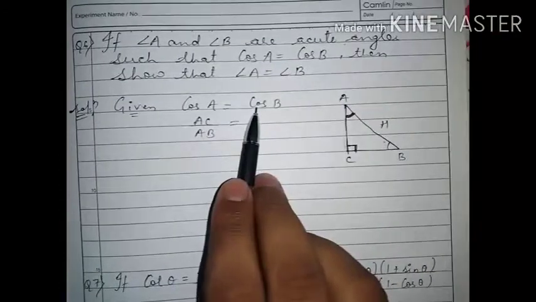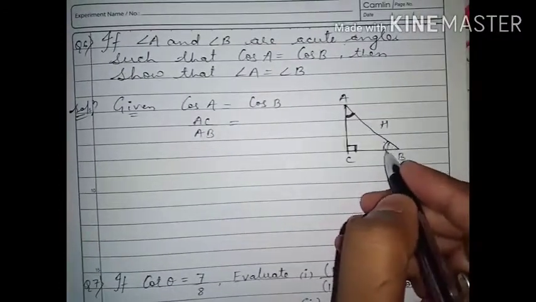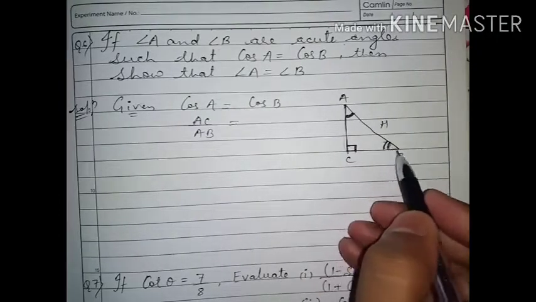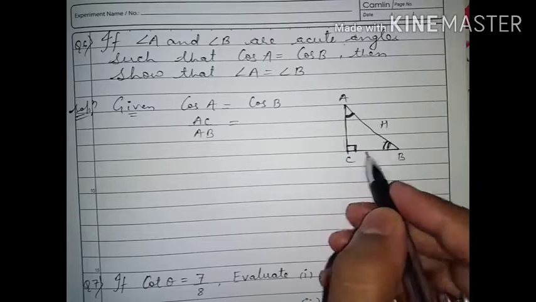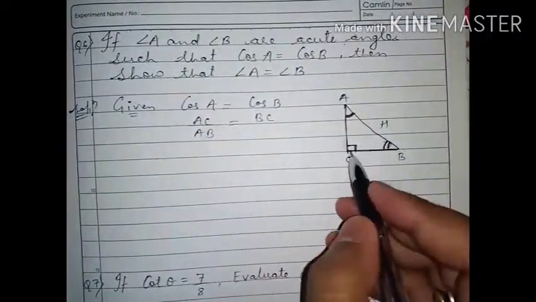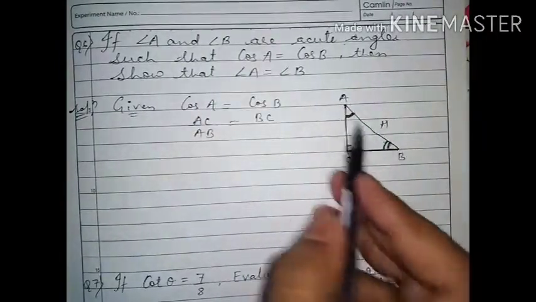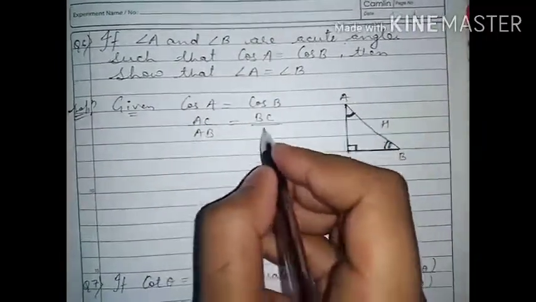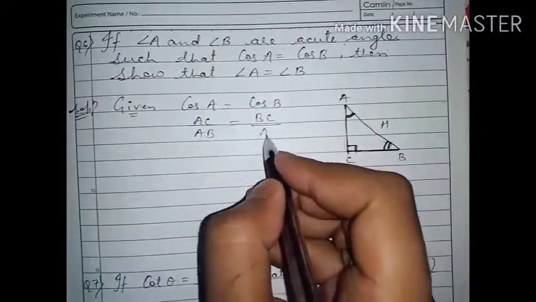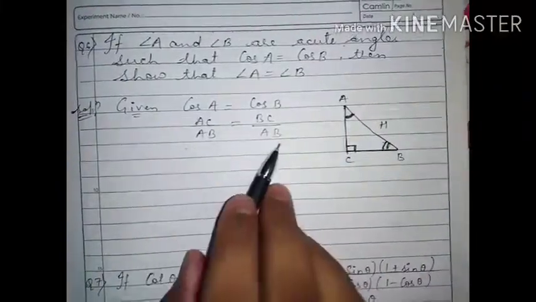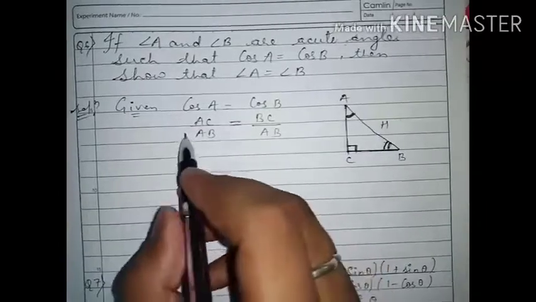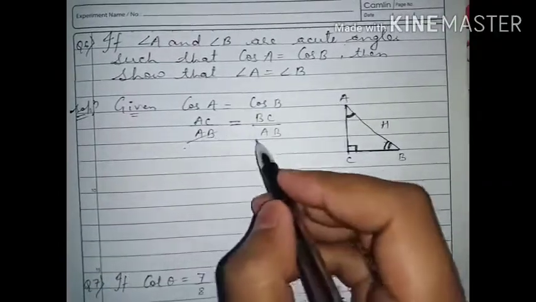And similarly you have to find cos B, that means you have to find it from this angle B. Now the base is changed, now this is the base, that is BC. I write it here BC by AB, since AB is the h. Now seeing these two equations, the denominators are the same, so I cancel out AB and AB.